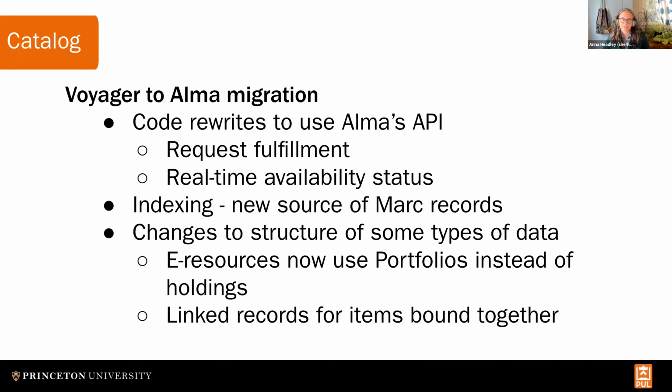Where before this functionality was written to use Voyager's database directly, now we're using Alma's API services. For indexing, we've moved from pulling the MARC records out of the Voyager database to pulling files from an SFTP server via an AWS Lambda that listens for Alma's webhook event.